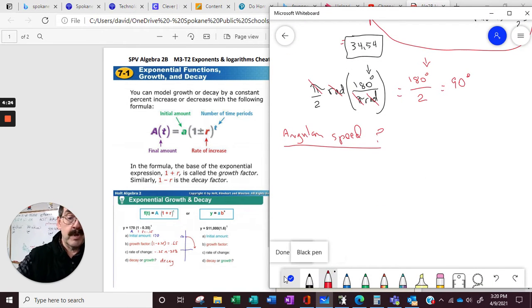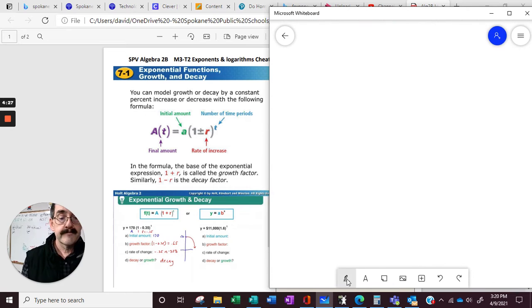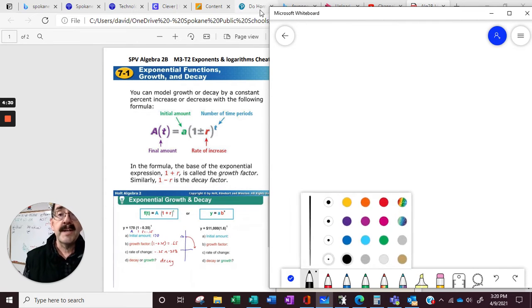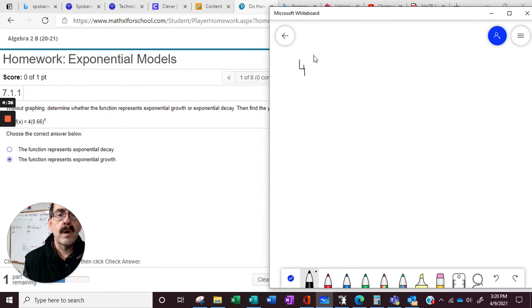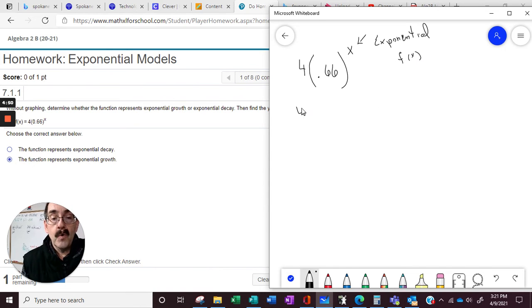So let me explain what I mean by that. In our case, the problem was 4 times 0.66 to the x. This means exponential function. Now, it's 1 plus or minus the rate. If it's greater than 1, it's growth. If it's less than 1, decay.